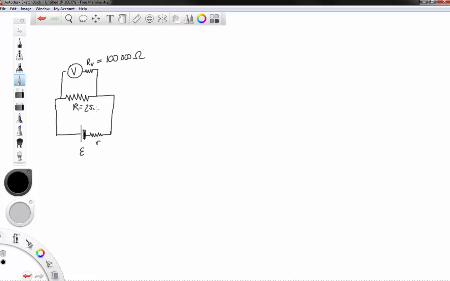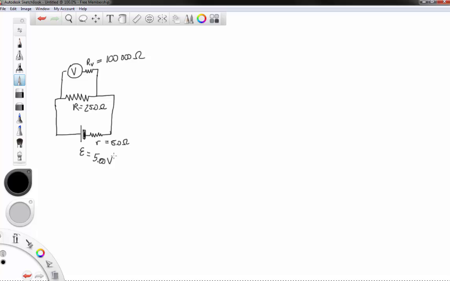We're looking at a circuit that originally had a 25.0 ohm resistor here and an internal resistance of 5.0 ohms. And we're assuming the EMF of the battery is 5.00 volts.